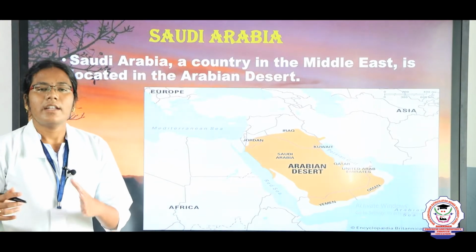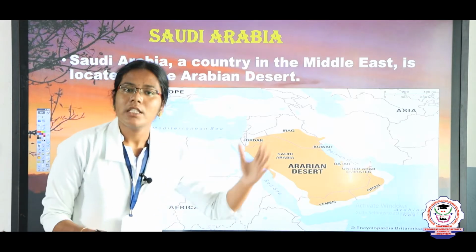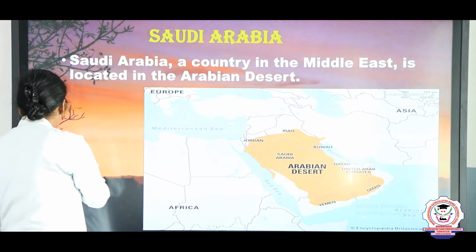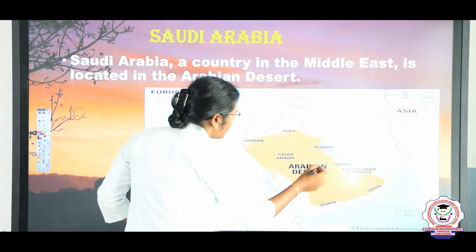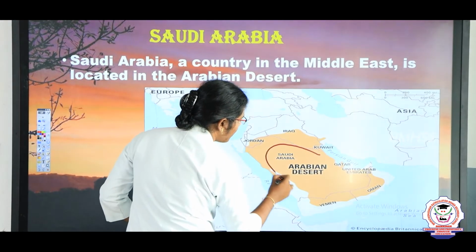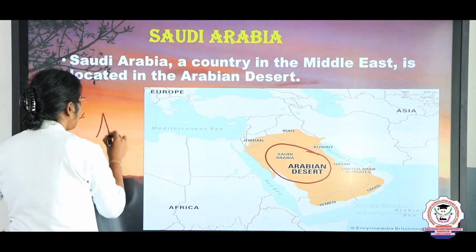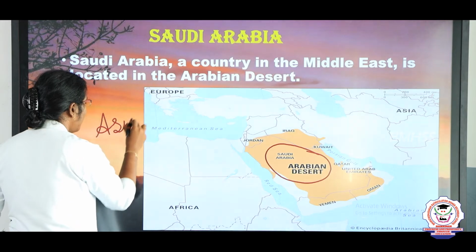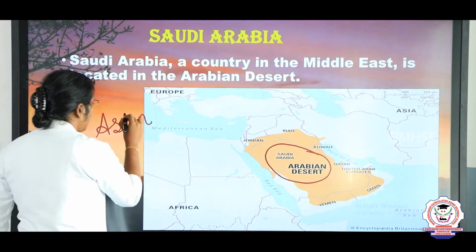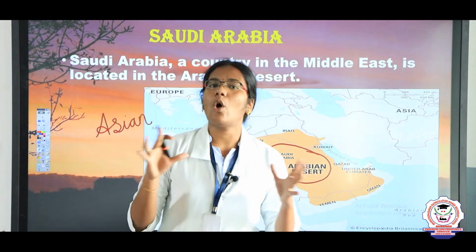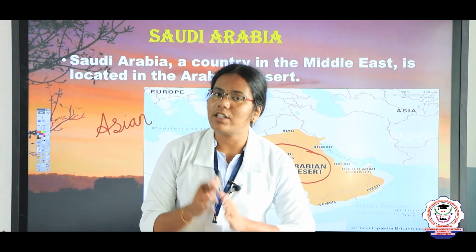Saudi Arabia is present in the Arabian desert in the Asian continent. Do you know, children, Saudi Arabia is the 5th largest country in the Asian continent.